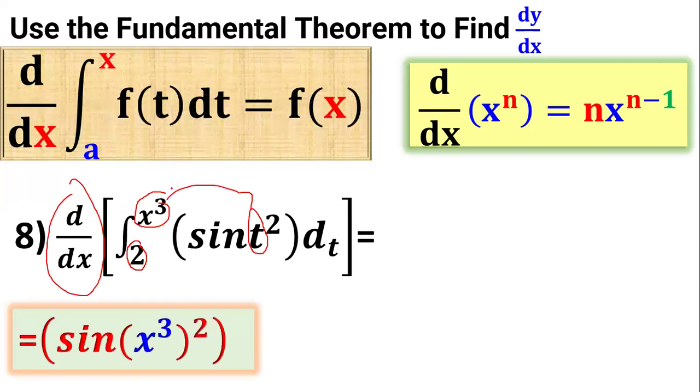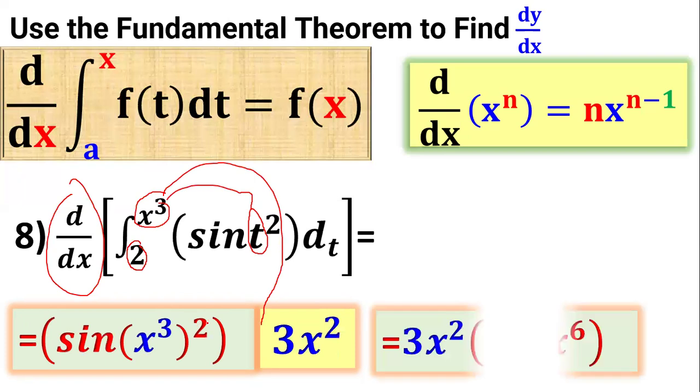Then multiply by the derivative of the upper limit. The derivative of x cube will be 3x squared. Now x to the power of 3 times the power of 2 means 3 times 2, x to the power of 6. So the final will be 3x squared sine of x to the power of 6. Done. So keep in your mind, practice makes perfect.